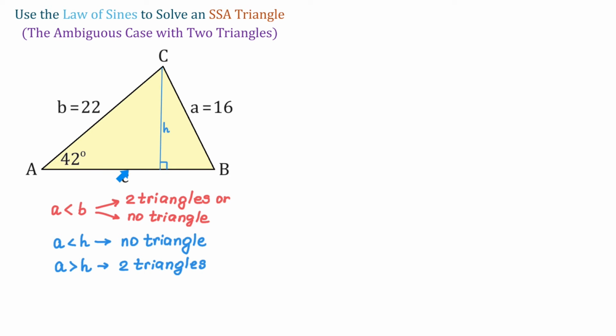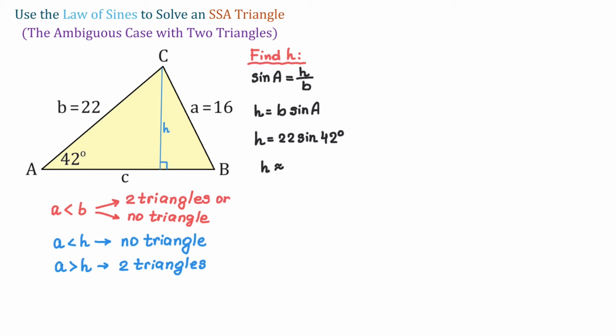For this, we will use this right triangle, and we will say that sine of angle A equals the opposite side H divided by hypotenuse B. So sine of angle A equals H over B. Then from here, H equals B times sine of angle A. Then H equals 22 times sine of 42 degrees, and H is approximately 14.7.